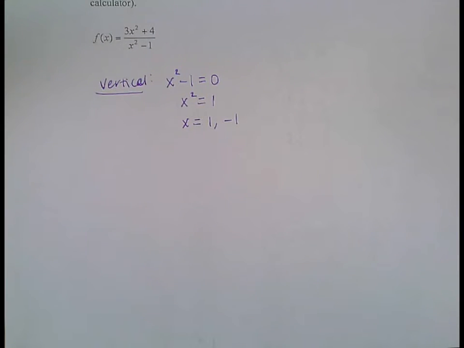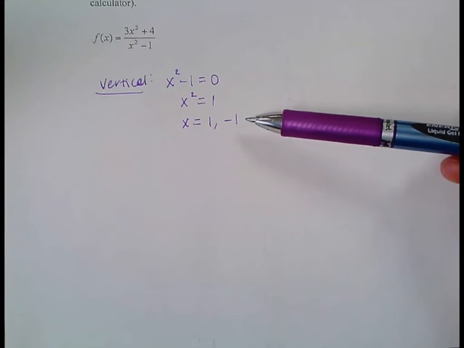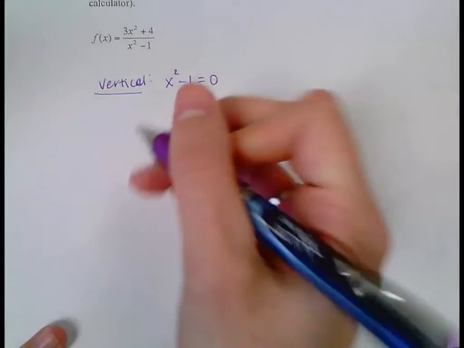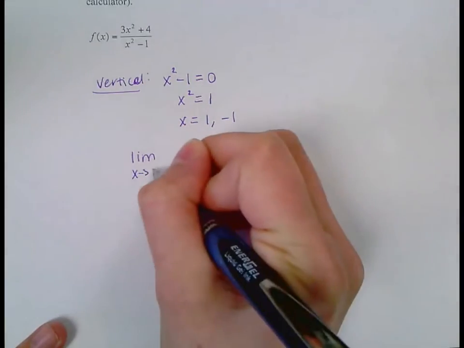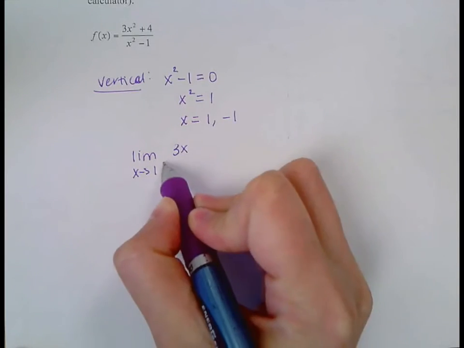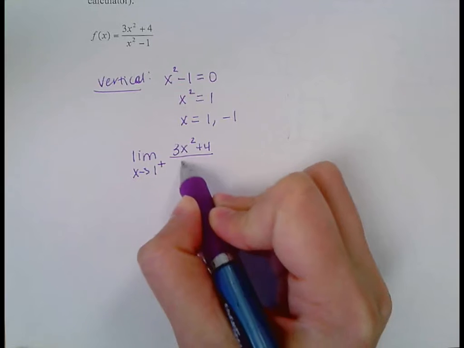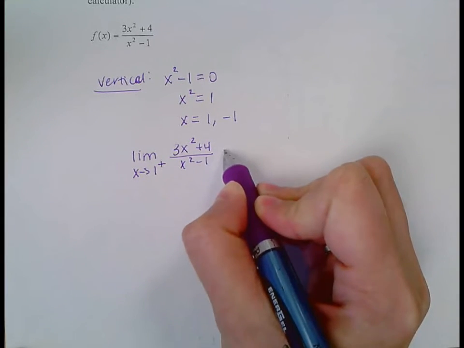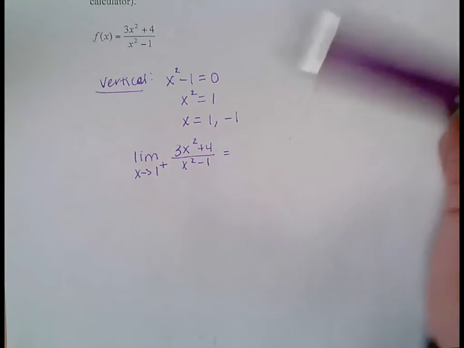And then to actually justify that there is an asymptote there and not just a hole in the graph, you have to find the limit as x approaches each of those values from at least one side. So if I find the limit as x approaches positive 1, and I'll approach it from the right side, of 3x squared plus 4 divided by x squared minus 1, I know I'm going to get 0 in the denominator.